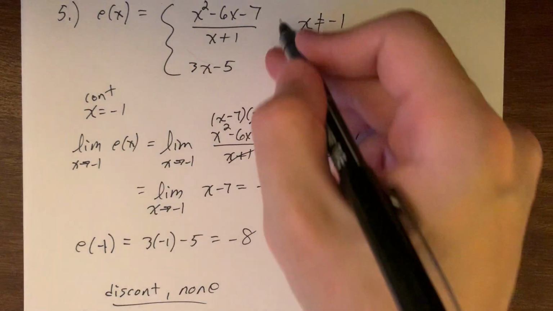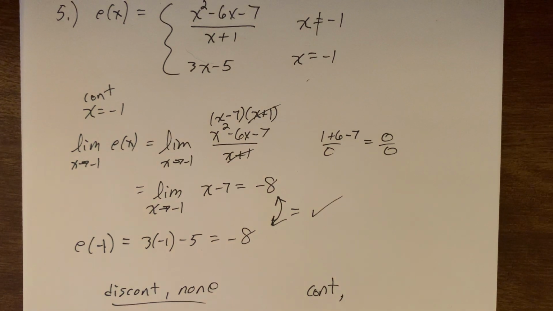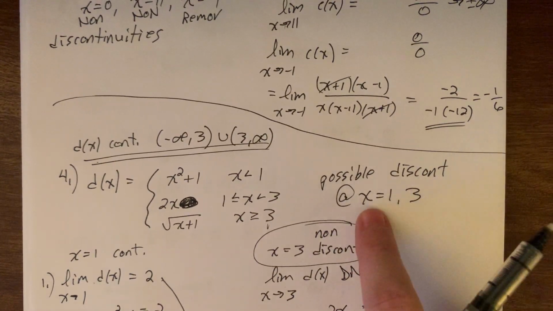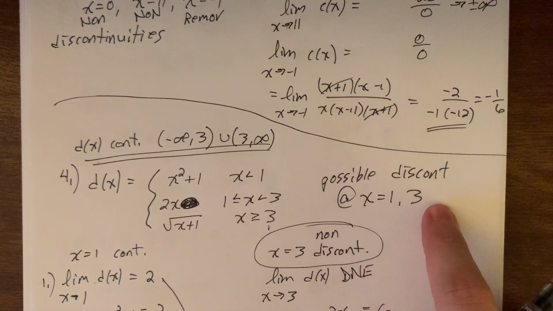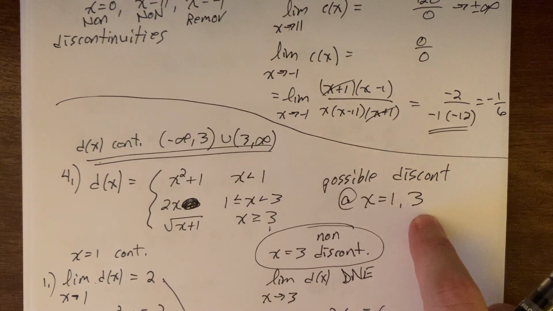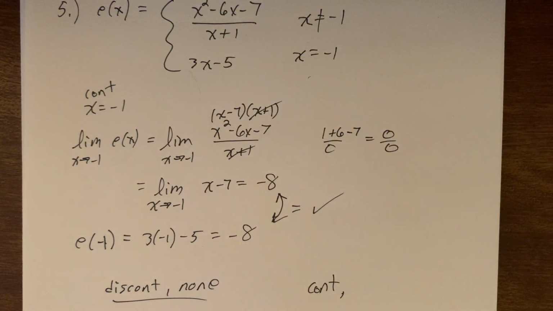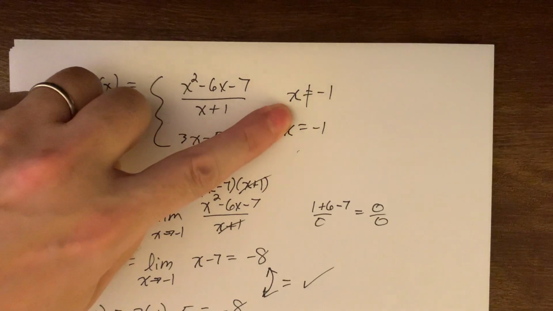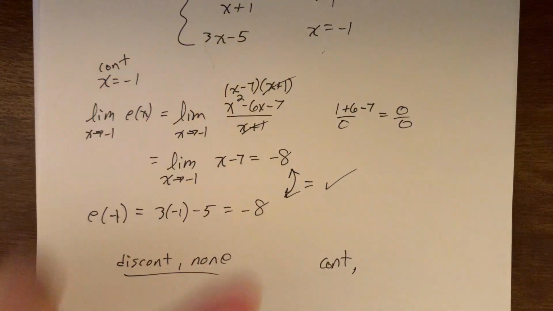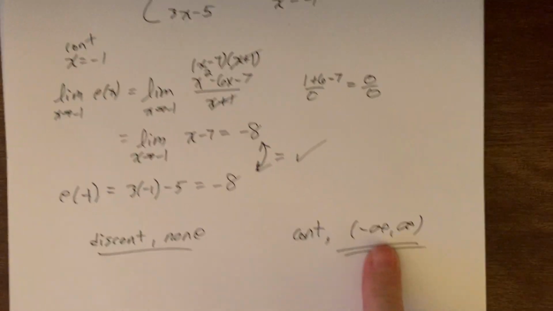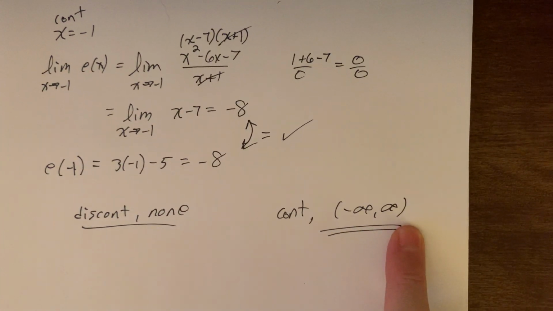So even though it was a piecewise function, you can't just assume these are discontinuities. They both might be, but they might actually work out and be continuous. You have to focus on those possible trouble spots and then go through the steps. Here, we only had one potential trouble spot, but it all worked out. So where is this continuous? Everywhere. Negative infinity to positive infinity.